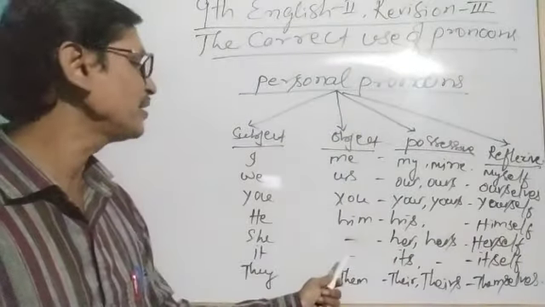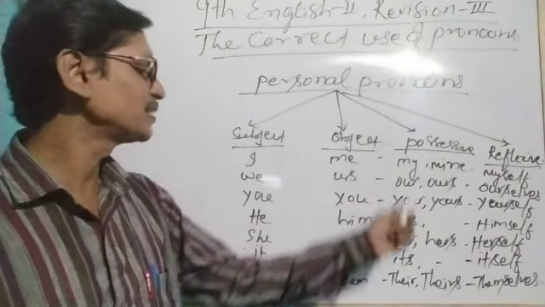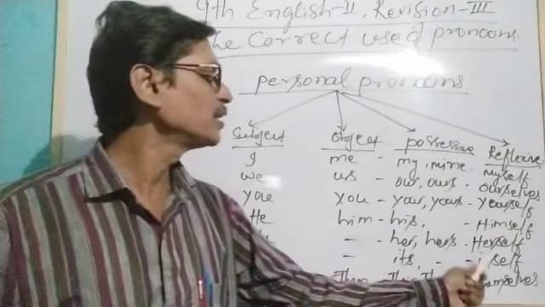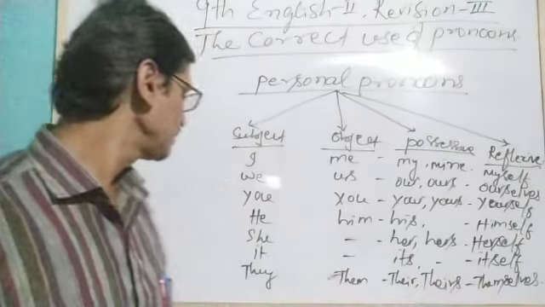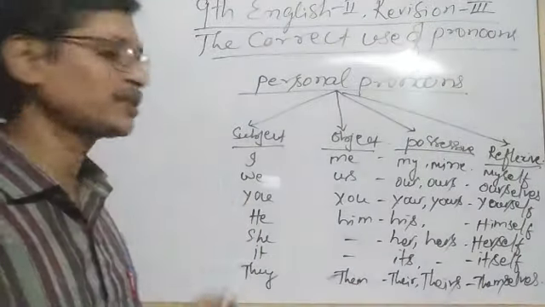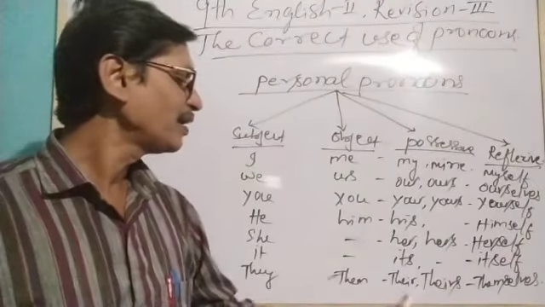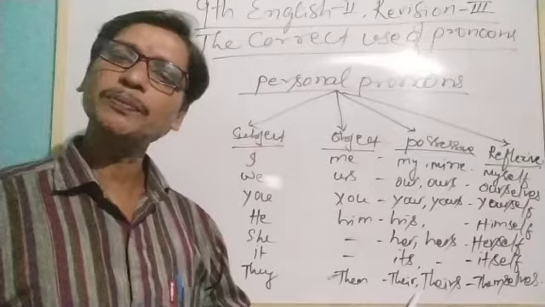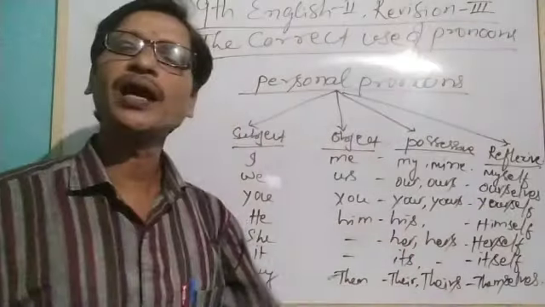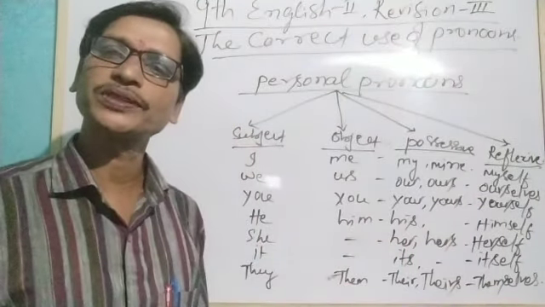It does not have any objective form, it has a possessive form, its, and reflexive is itself. Similarly, they is the subjective form, them is the objective form, their and theirs are possessive forms. Similarly, themselves is its reflexive form.